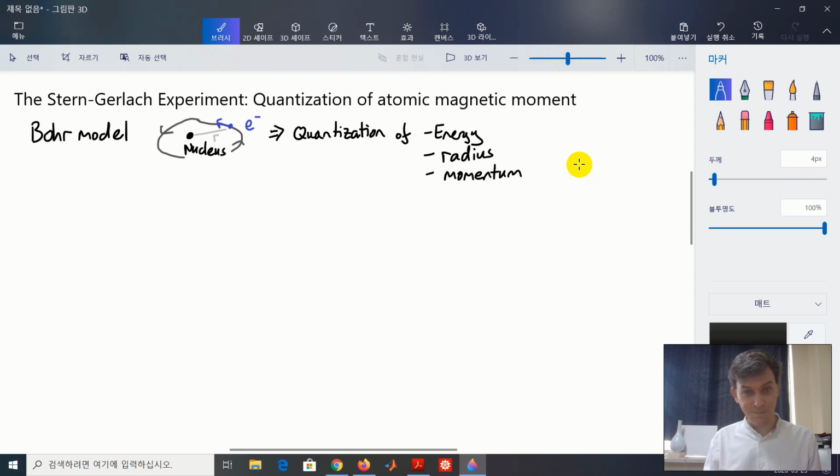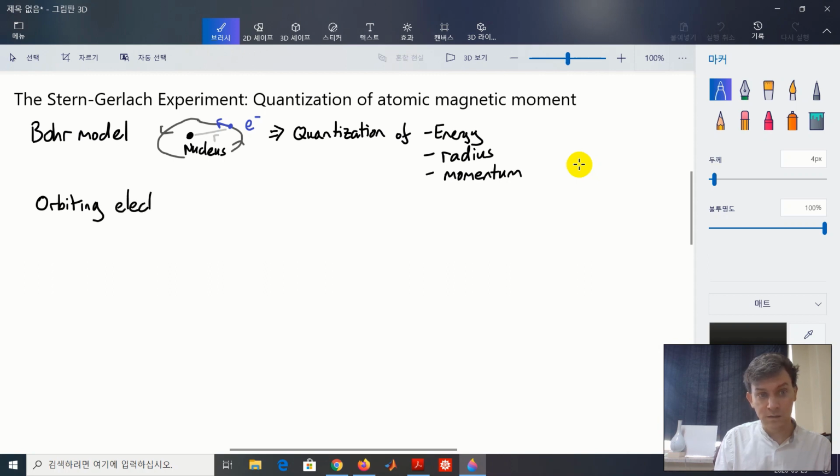So if I just write that, you have orbiting electrons. These give rise to electrical current, and this gives rise to a magnetic field.